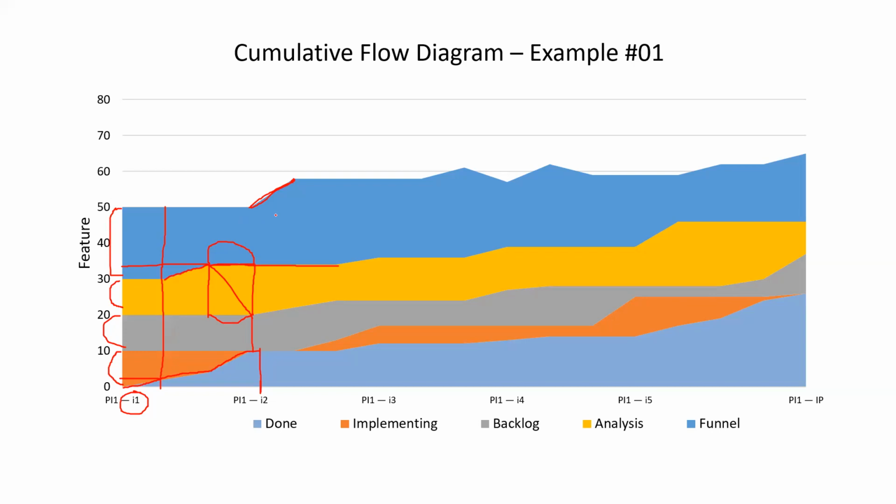Got it? So if issues had moved from the funnel to analysis, that should reflect in the analysis stage, but it is not. Yeah, makes sense. That's the analysis we should be able to do by looking at this report.